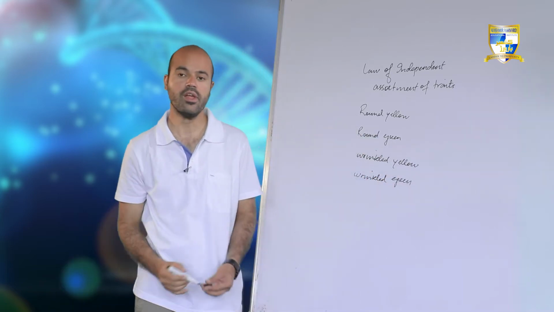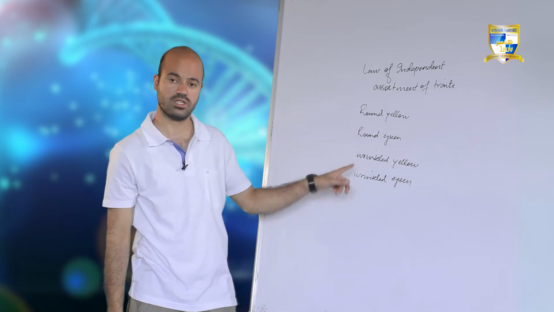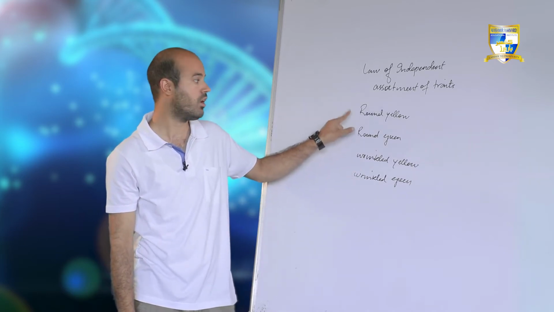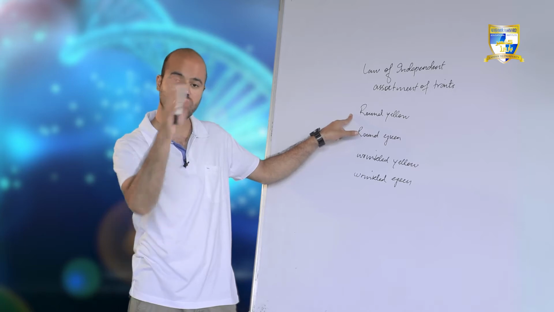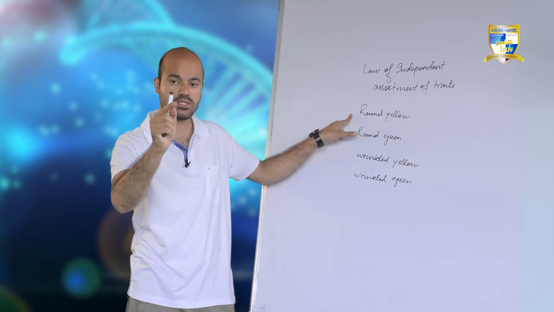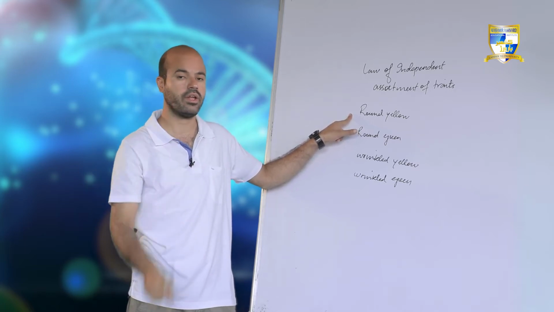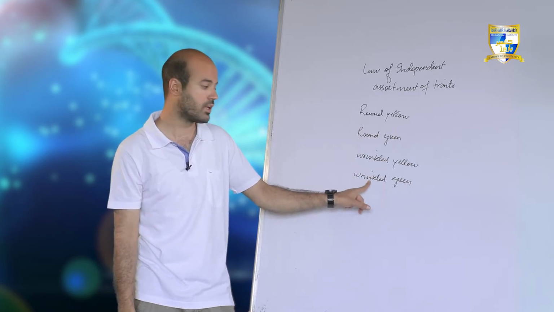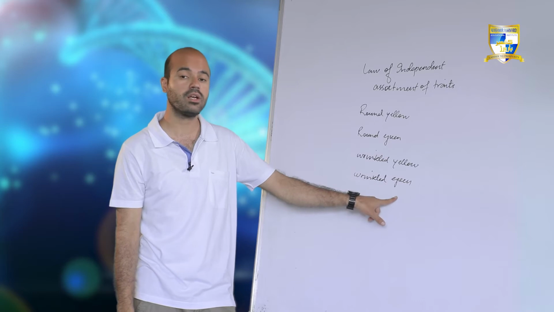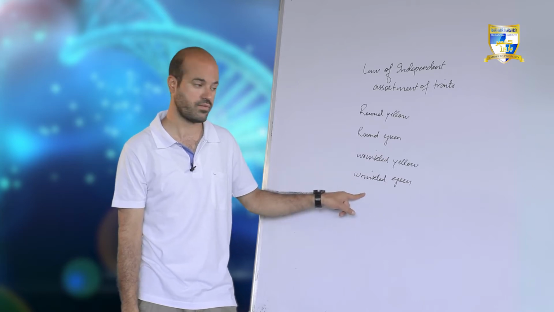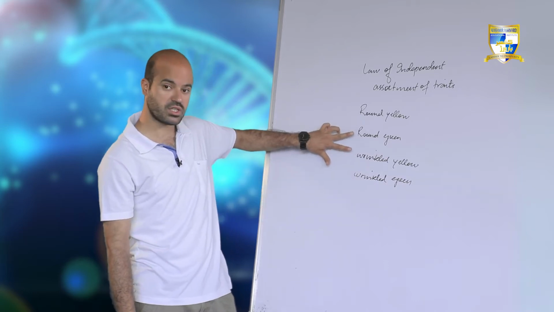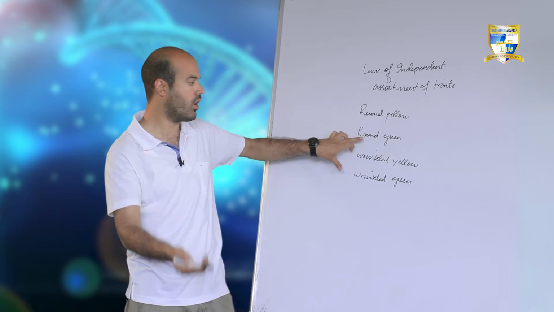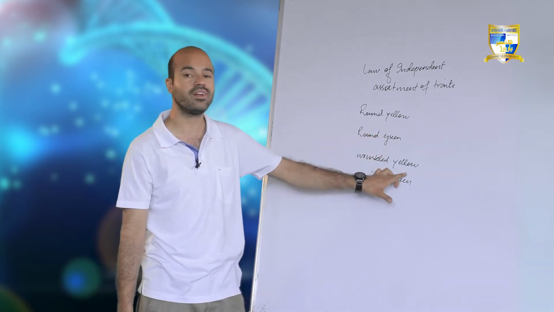Out of these 4 combinations, we see that some are the same combinations as the parent pure line plants, and some are the same as the parent pure line plants but with recessive traits. These 2 combinations are actually new: round and green, and wrinkled and yellow.